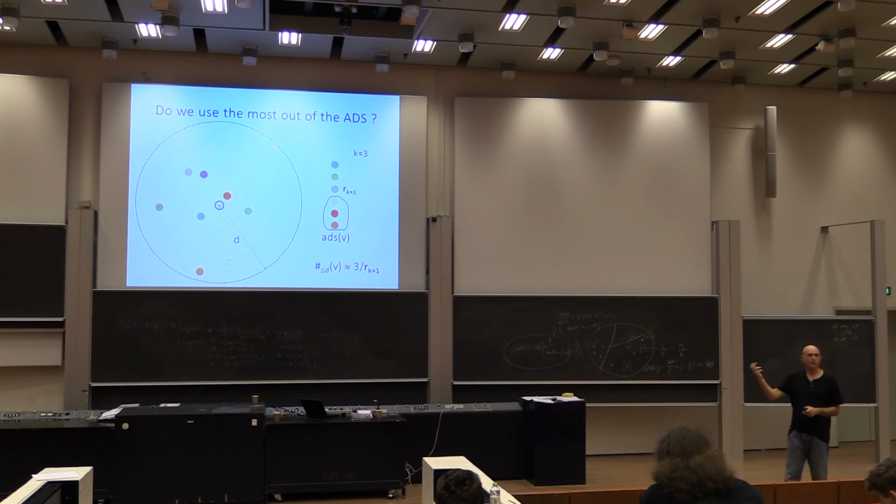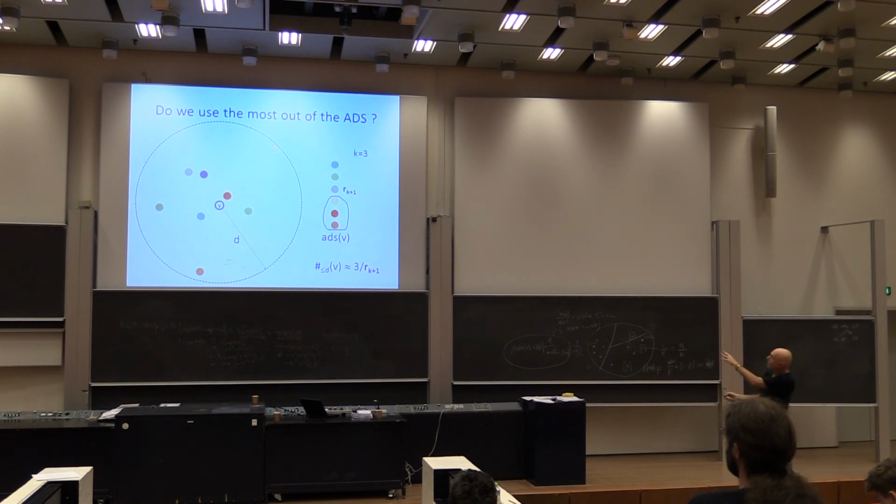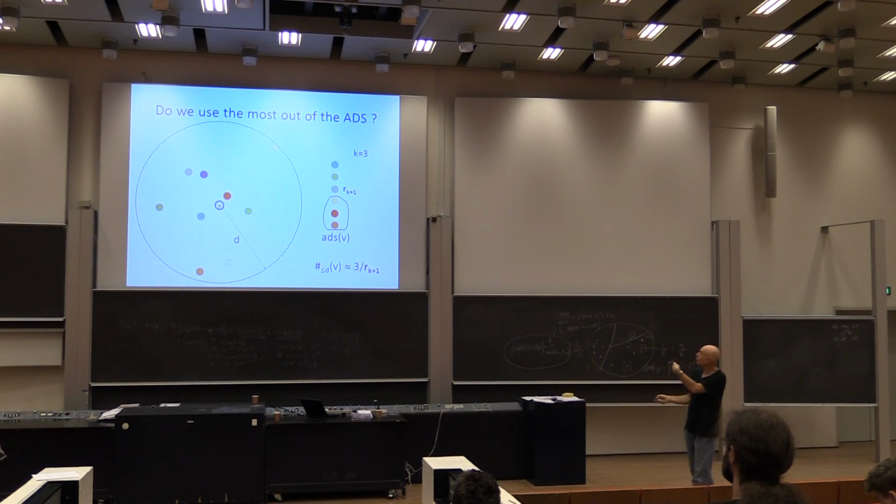So the way I could use them is I could assign adjusted weight to all the vertices in the ADS sketch. Here, first I extracted the bottom 3 sketch for the ball, and then I assigned adjusted weight only to these 3 items. I can actually assign adjusted weight to all the items.